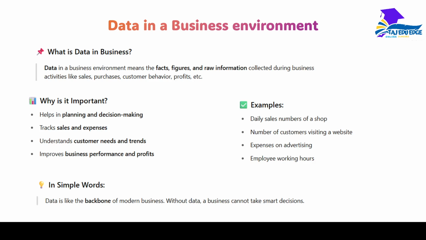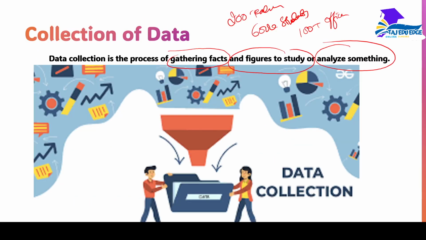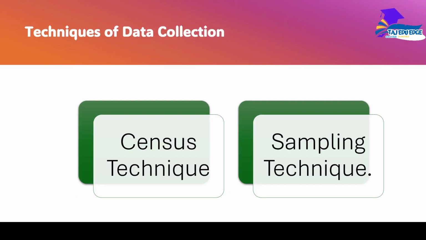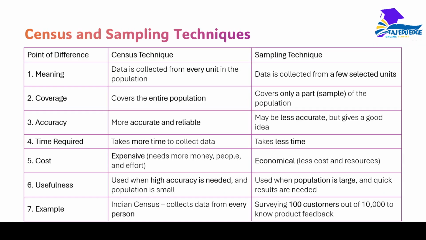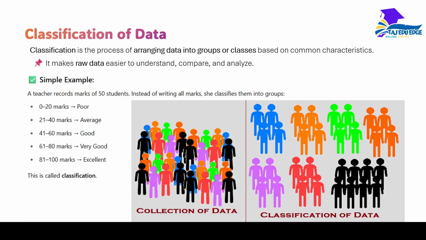In video 2, I have covered the concept of data in a business environment. In video 3, I covered the meaning of data collection, the techniques of data collection, and the difference between census and sampling techniques. In this video, video 4, I am discussing the classification of data.